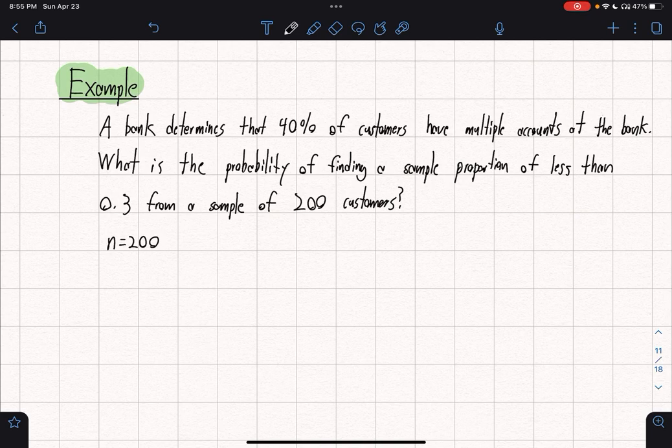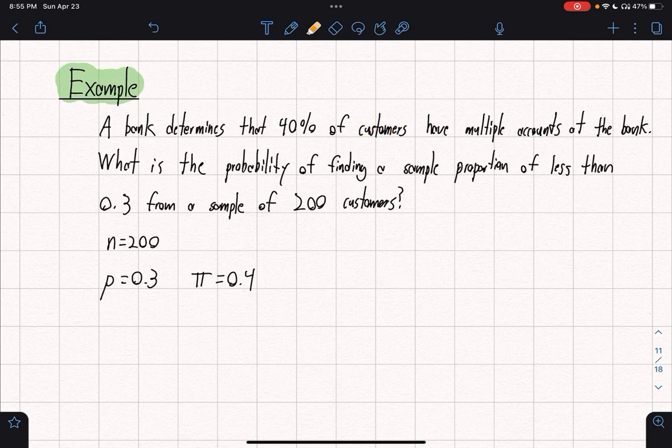We are interested in a proportion of 0.3, and we are suggesting that pi is equal to 0.4, because our population here is customers at the bank, and they have determined that 40% of them have multiple accounts.